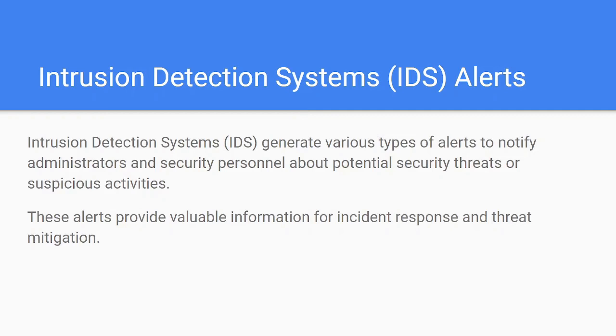These alerts provide valuable information for incident response and threat mitigation. So basically, IDS alerts are simply to notify security administrators or security personnel. There are different types of intrusion detection alerts.